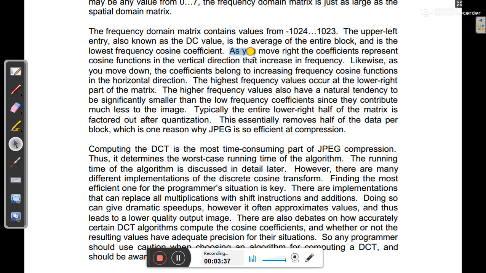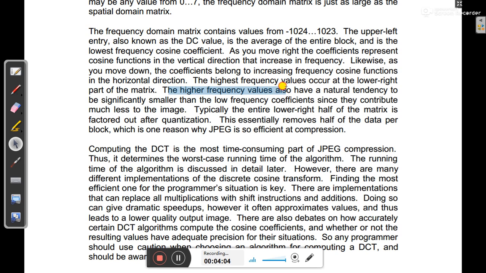As you move right, the coefficients represent cosine functions in the vertical direction that increase in frequency. Likewise, as you move down, the coefficients belong to increasing frequency cosine functions in the horizontal direction. So diagonally the frequency is increasing. The highest frequency values occur in the lower right part of the matrix.